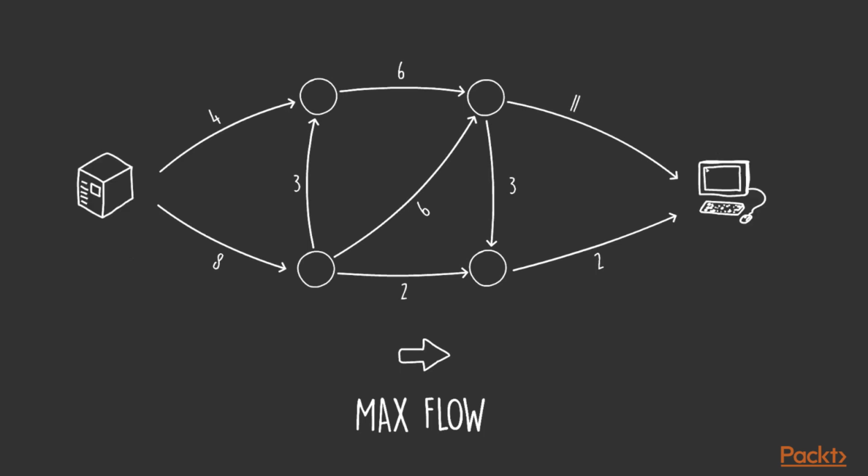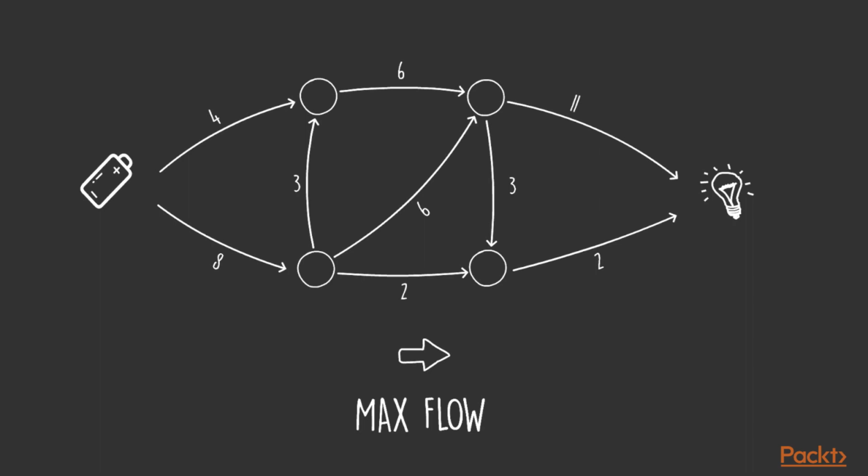For example, in computer networks, we can determine the packet flows from a server to a client. And in real life, we can use flow networks to model water distribution, or electricity in a circuit using current as a measure for capacity and flow. Basically, we can have a measurable flow network whenever we have a flow from source to a sink, and each node doesn't leak any of that flow.